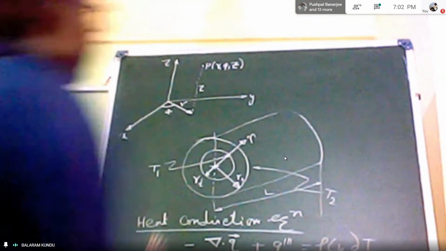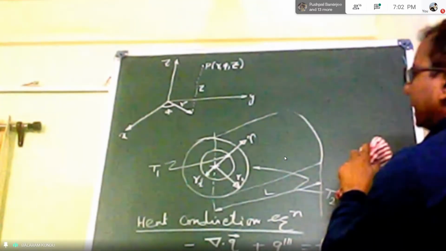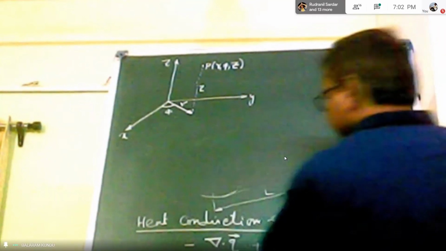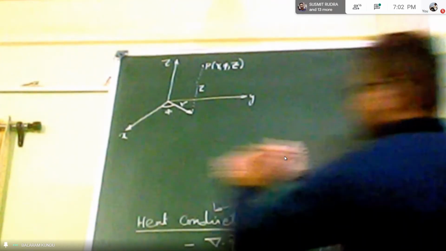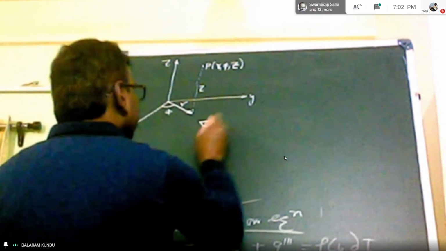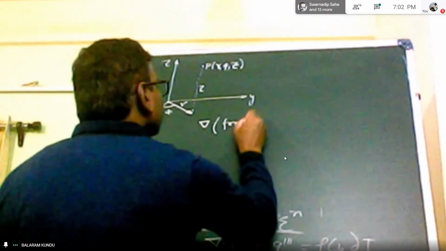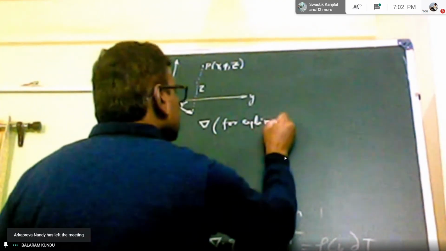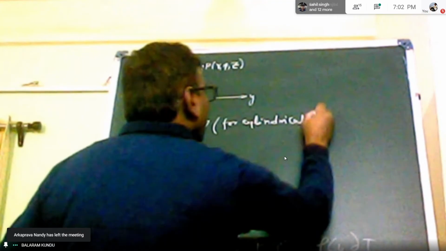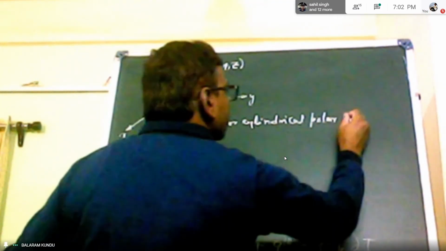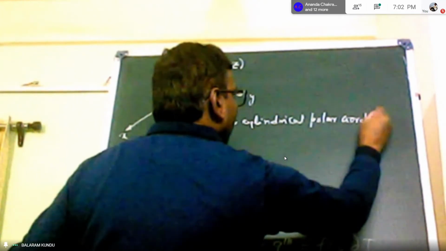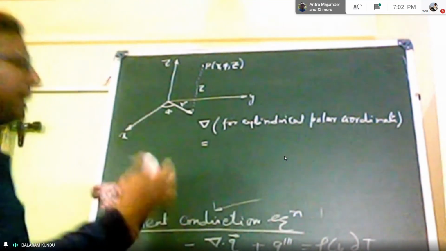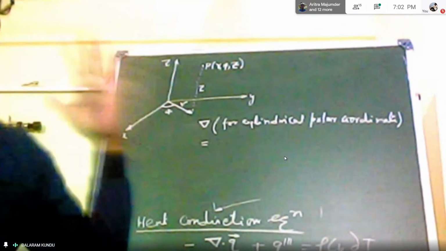So the mathematical expression of grad for cylindrical polar coordinates equals the grad expression in the Cartesian coordinate system. The unit vector in the x direction is i.